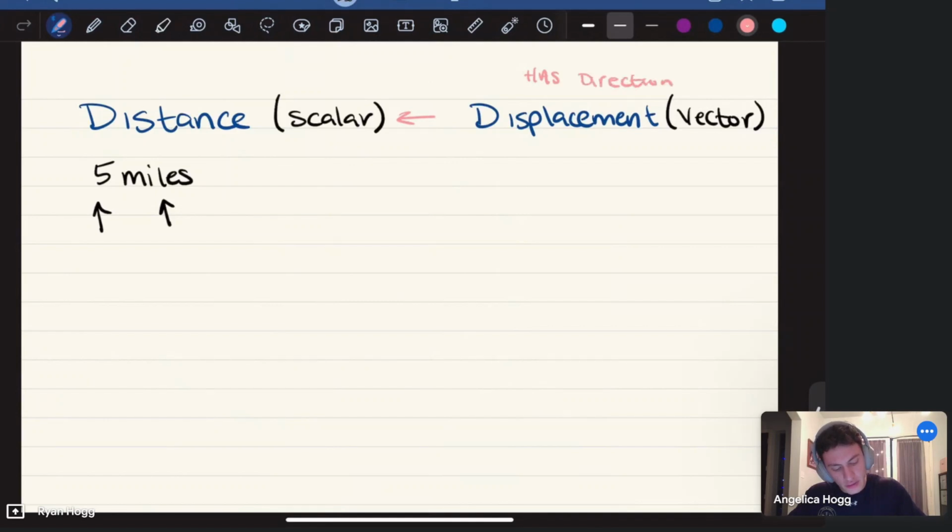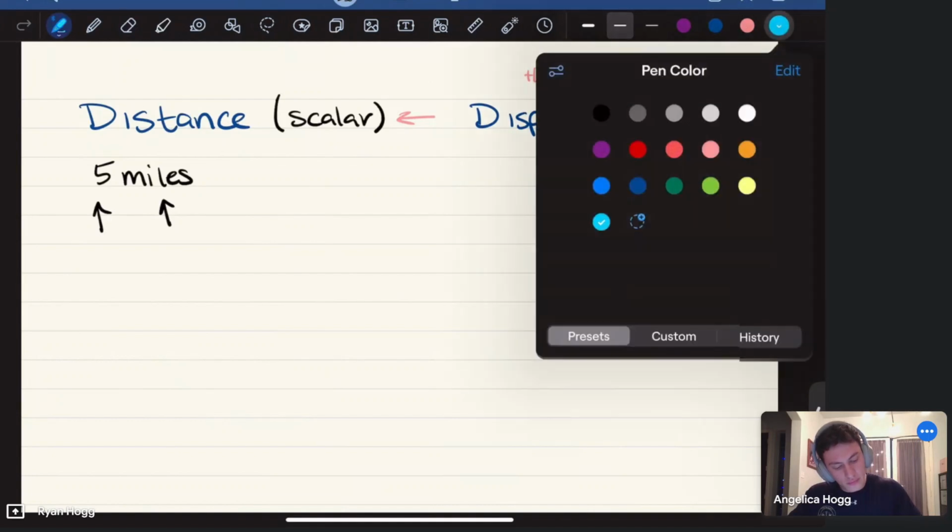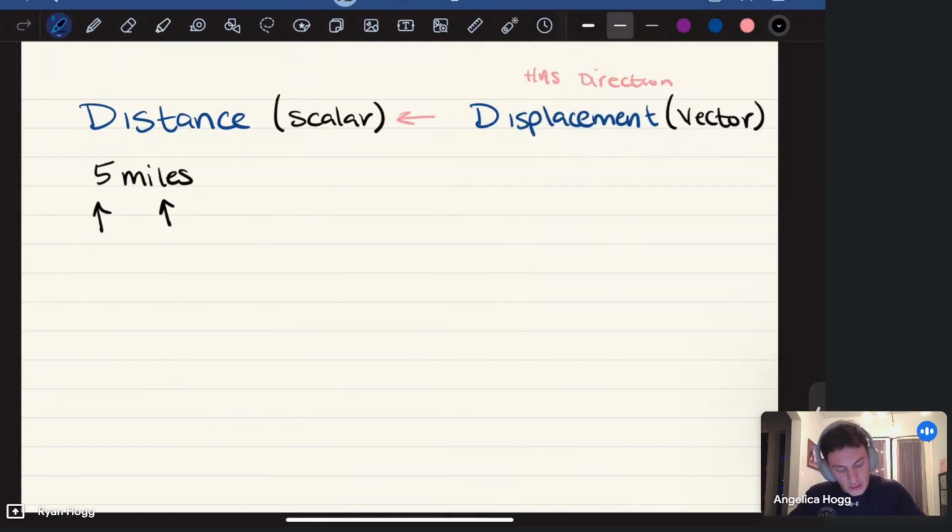That's the biggest thing. So that would be like if I said 5 miles north. It's the same thing. We have a magnitude, a unit, and we have a direction. And that's how you relate these two, distance and displacement.